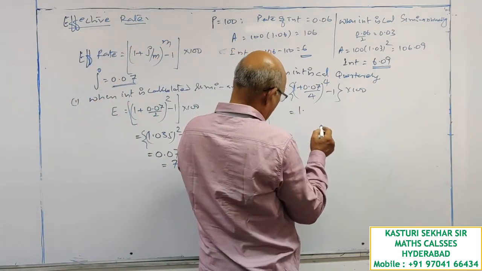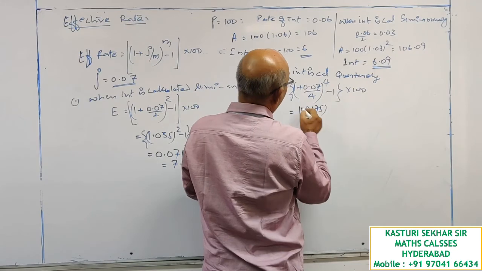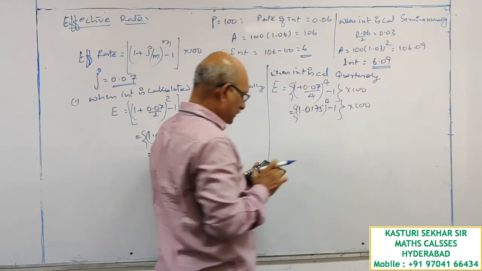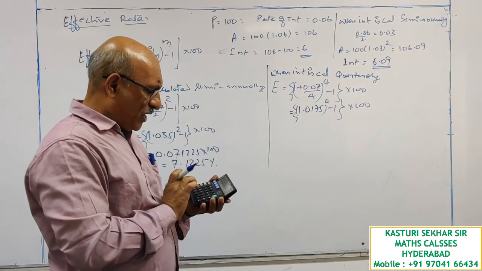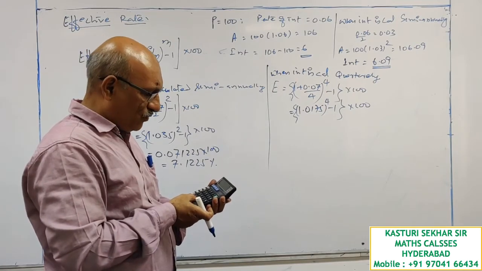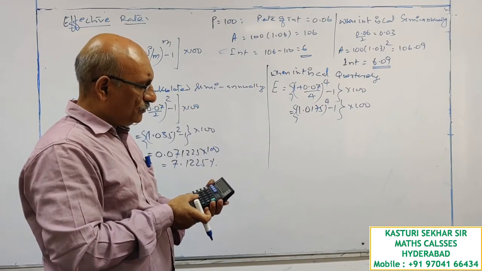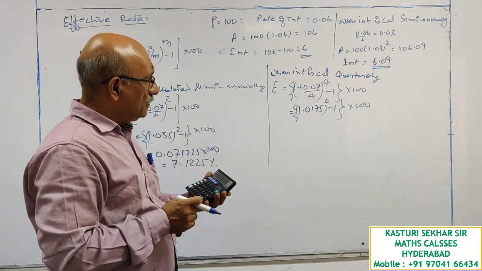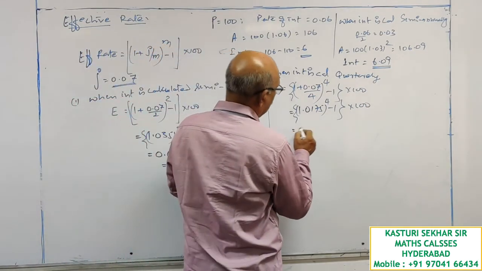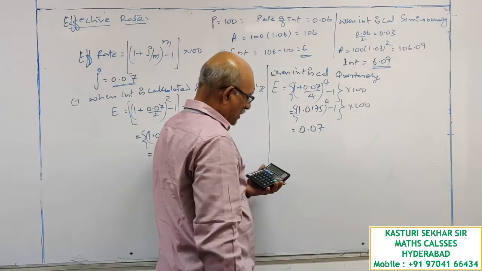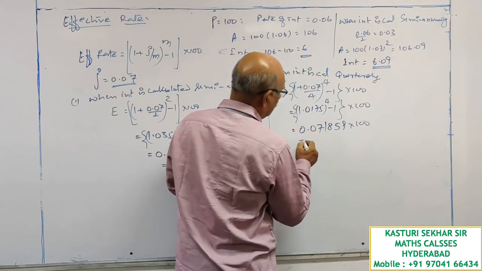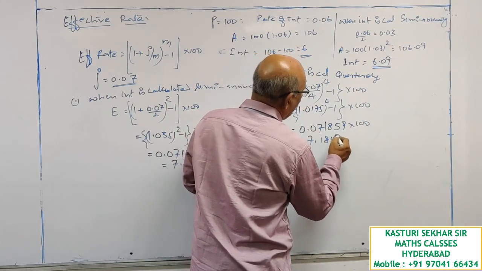So this is 1.0175 whole power 4 minus 1, multiplied with 100. 1.0175 raised to the power 4 minus 1 is 0.071859, into 100, 7.1859%.